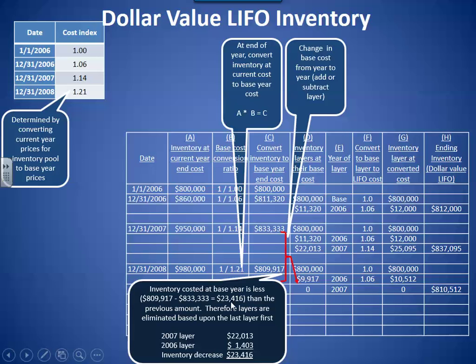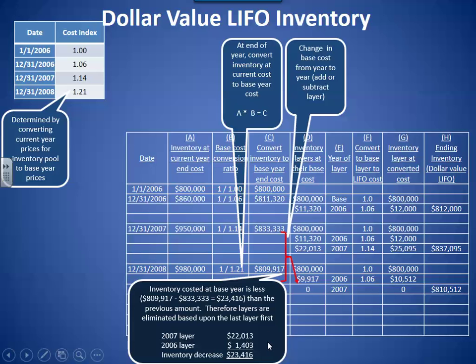That means the inventory in base year prices has decreased by $23,416.